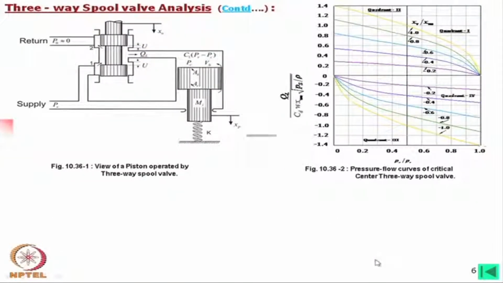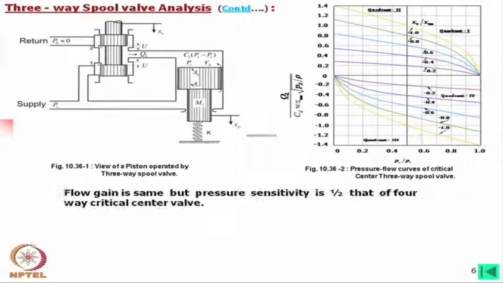Now, the flow gain is the same. If you look into the 4-way valve flow gain, what we will find is that in this 3-way valve the flow gain is also the same, but pressure sensitivity is half that of the 4-way critical center valve. This is from the equations.